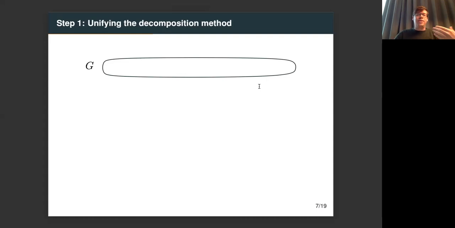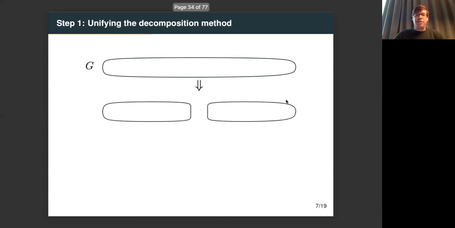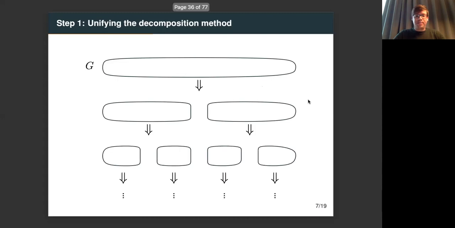So the idea is that you take your graph G and then you recursively decompose it into smaller parts until you have single vertices basically. And then, like you would do in some sort of divide and conquer algorithm, you go back up and you combine the solutions when you're doing an algorithm on this decomposition.